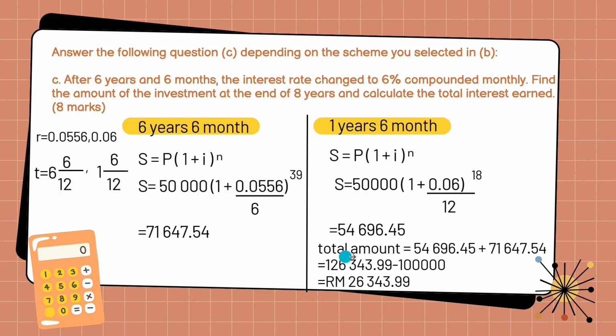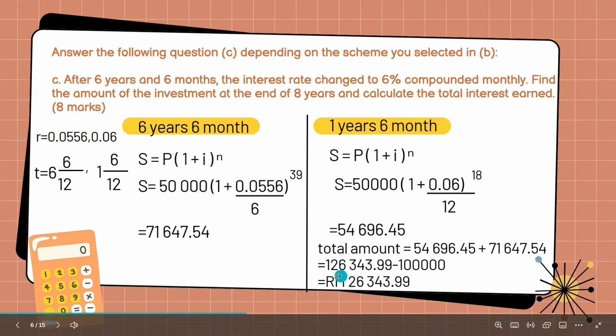So the total amount of the investment is 54,696 ringgit 45 cents plus 71,647 ringgit and 54 cents and you will get 126,343 ringgit and 99 cents.